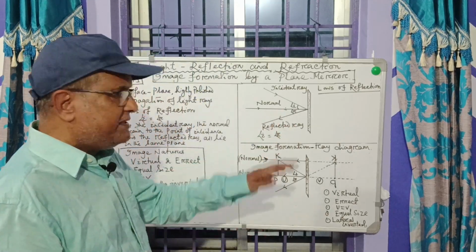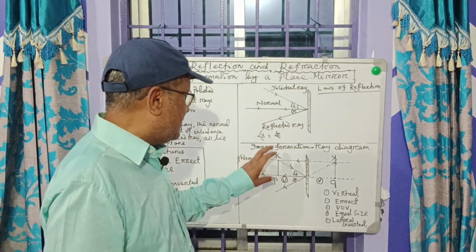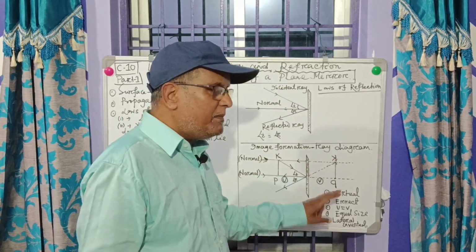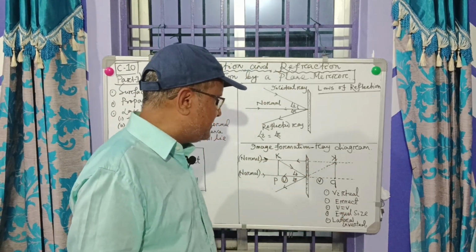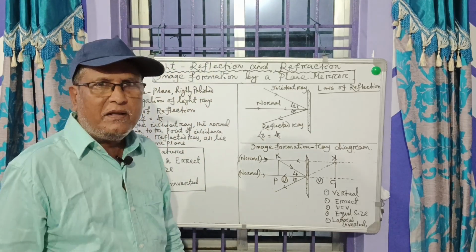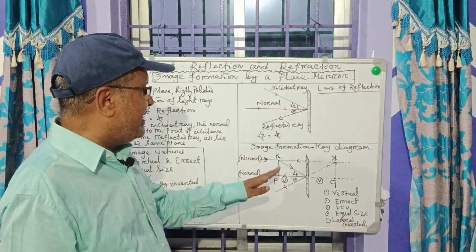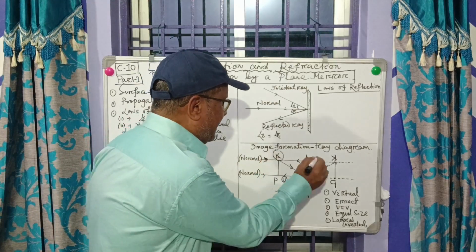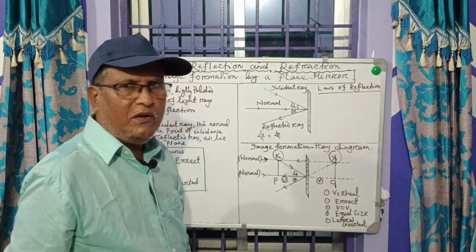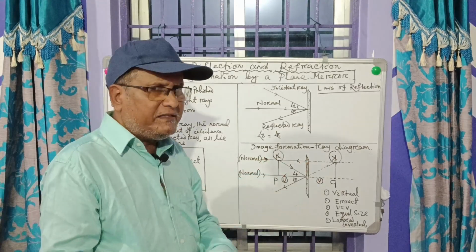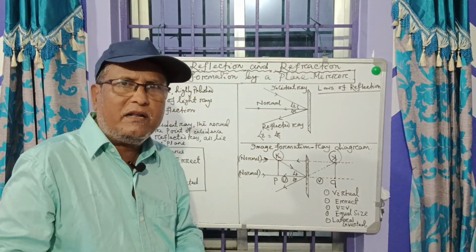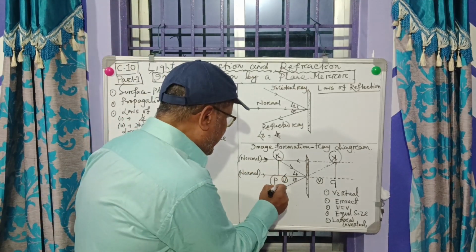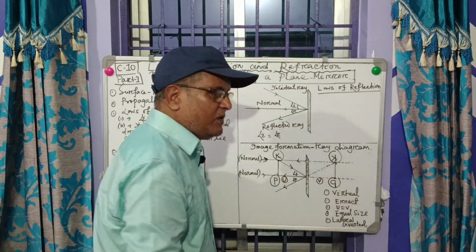And consider the height, the size. The object height is equal to the image height, so the size is equal. But we find an exception here. Please mark K and its image. The K is inverted. That is called lateral inversion of the symbol K. Similarly P has been inverted here.